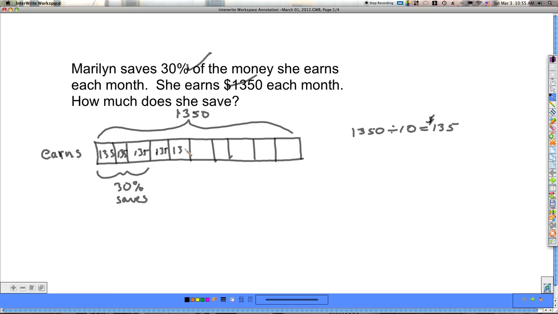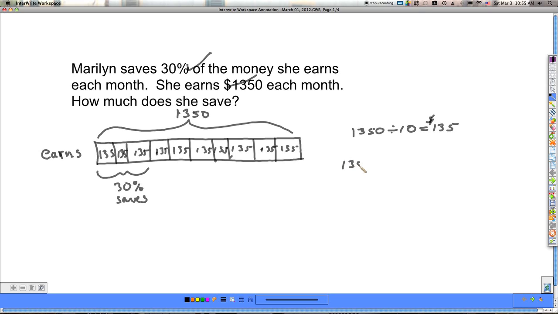And 135, 135, 135, 135, 135, and 135. 30% is 3 of those units.